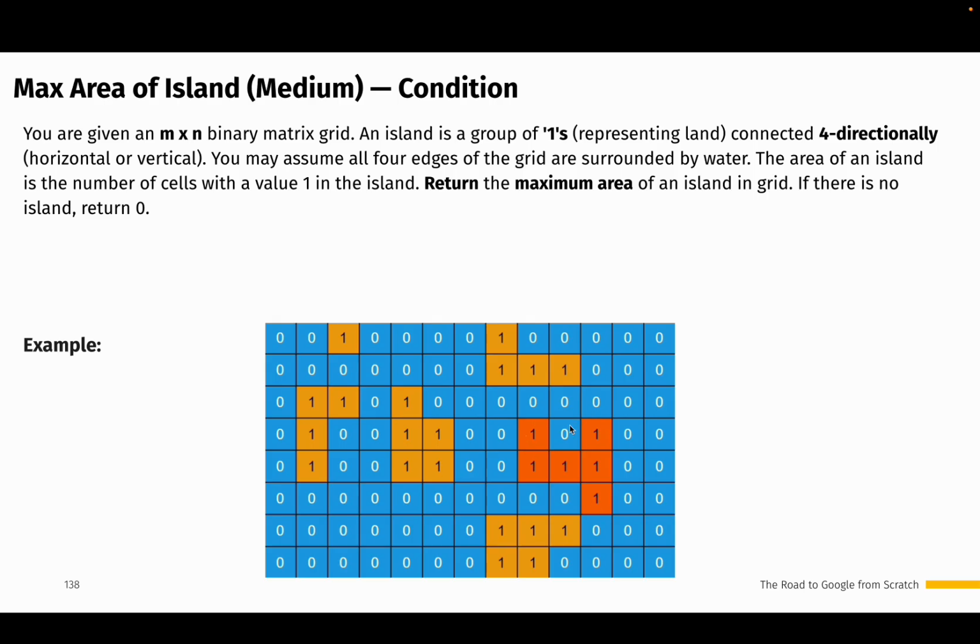And also here, one important note is that probably you may ask me, so okay, Alex, but why maximum area is 6, 1, 2, 3, 4, 5, 6, but not 7, 8, 9, 10, 11? Why this part is also not considered like a part of this island?